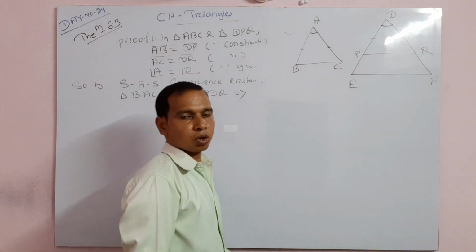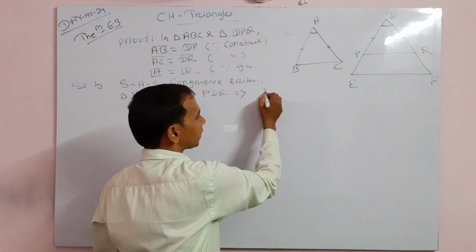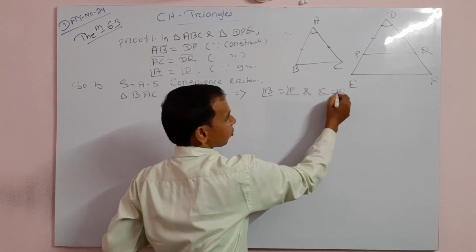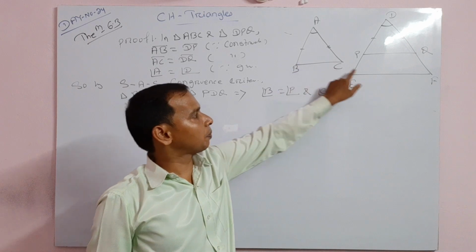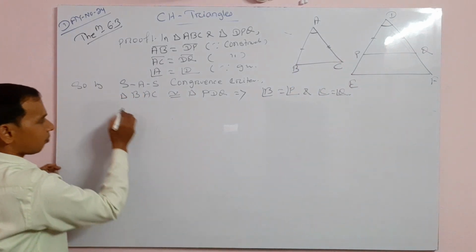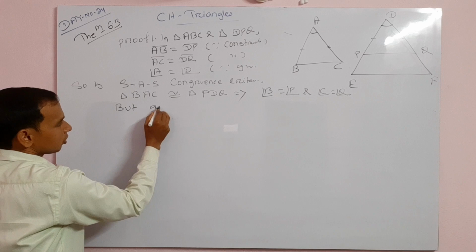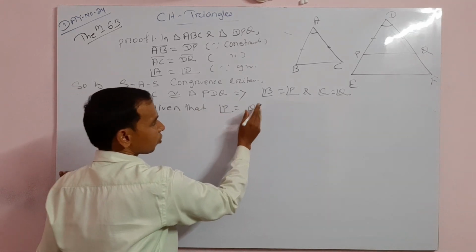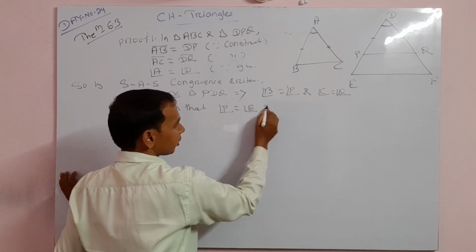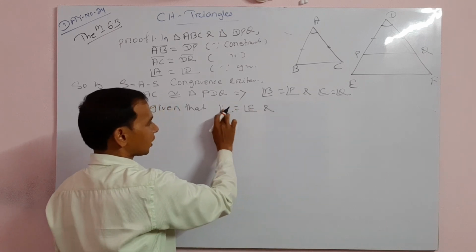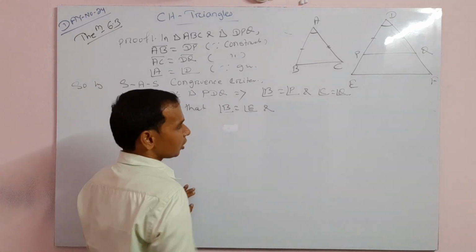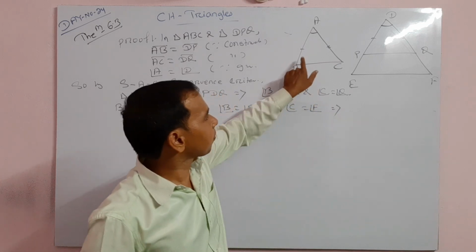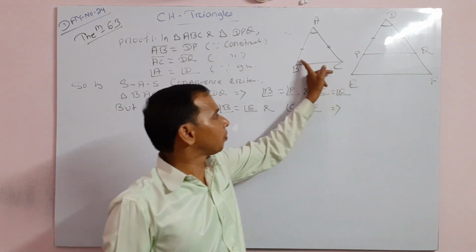As two triangles are congruent, so due to CPCT, B angle equal to P angle and C angle equal to Q angle. But given that B angle equal to E angle and C angle equal to F angle. देखो इधर, B angle is equal to P angle, B angle is equal to E angle.